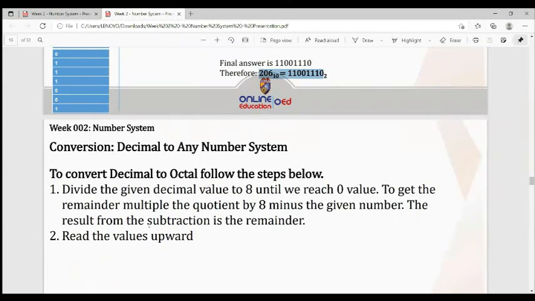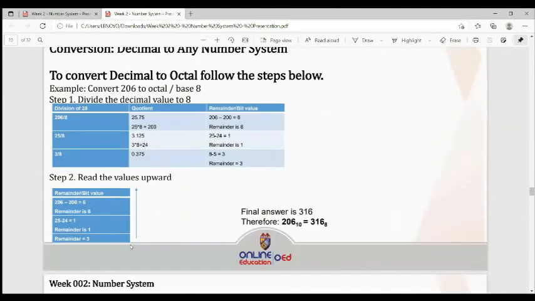So to get the remainder, multiply the quotient by 8 minus the given number. So the result from the subtraction is the remainder. Then read the values upward.